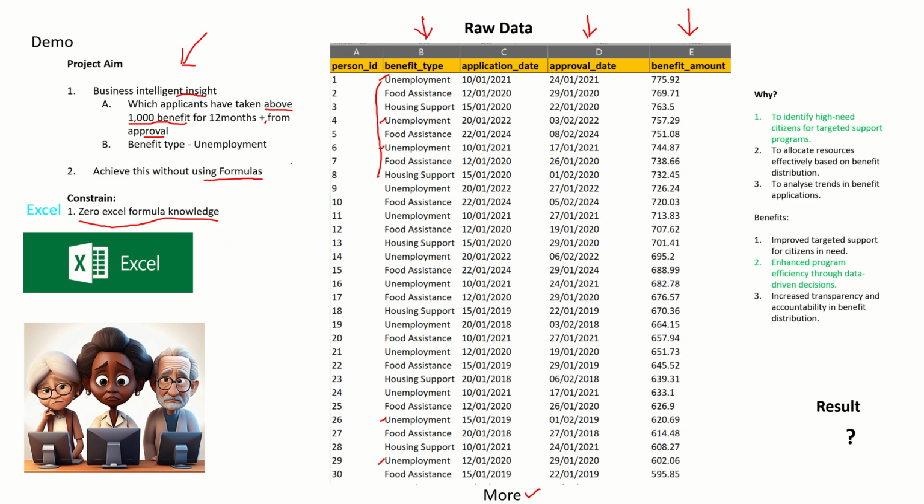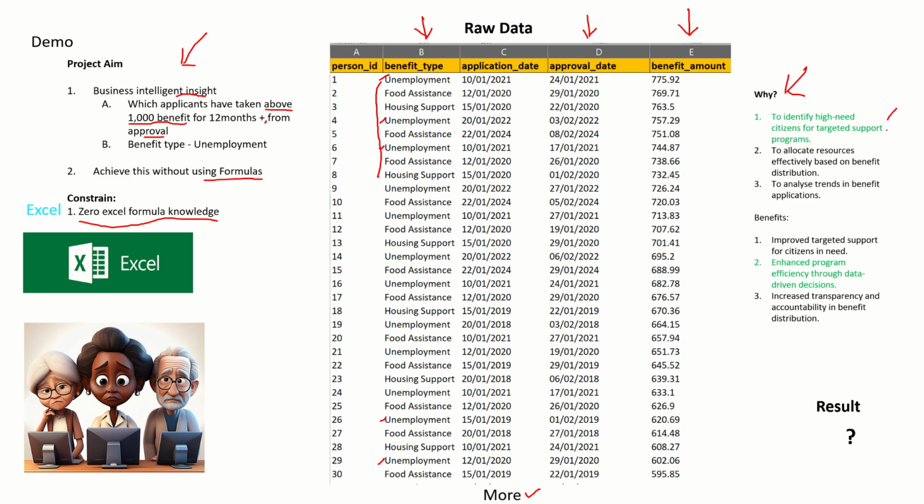Now you might be wondering, why will a company be looking at this kind of insights into their data? Come to the right hand side, you can see the reason here. Number one reason could be to identify high need citizens, just applicants, for targeted support programs. That's very key.